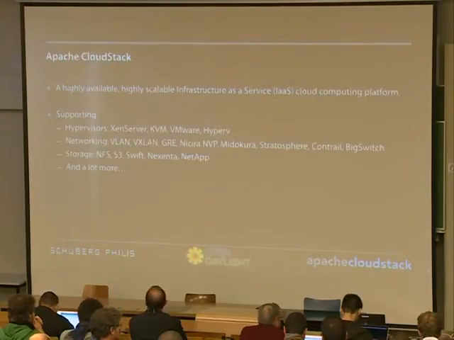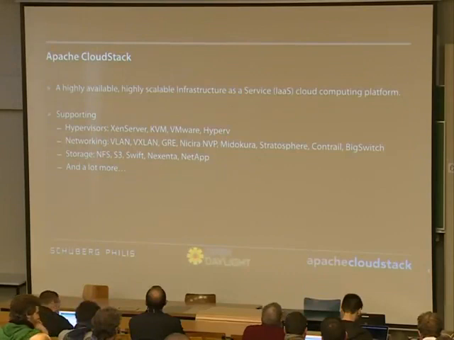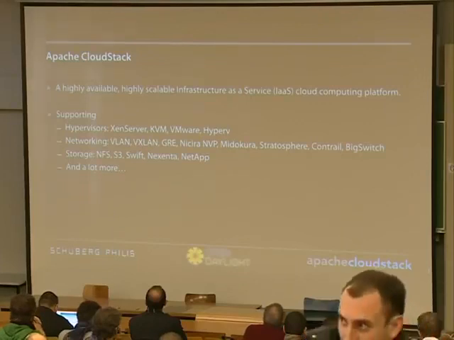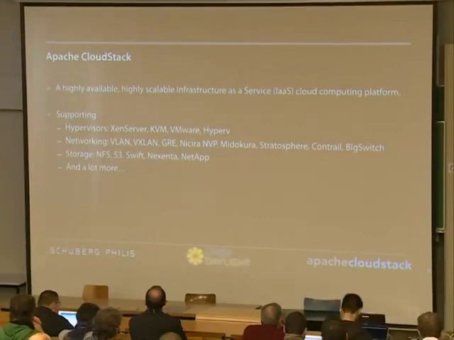So, Apache CloudStack. Apache CloudStack is an IaaS offering. So it's a cloud management system. It orchestrates your hypervisors, it orchestrates your networking, and it orchestrates your storage. It's a mainly Java-based project. It's been around for quite a long time, though it gained the most momentum when it joined the Apache Software Foundation.